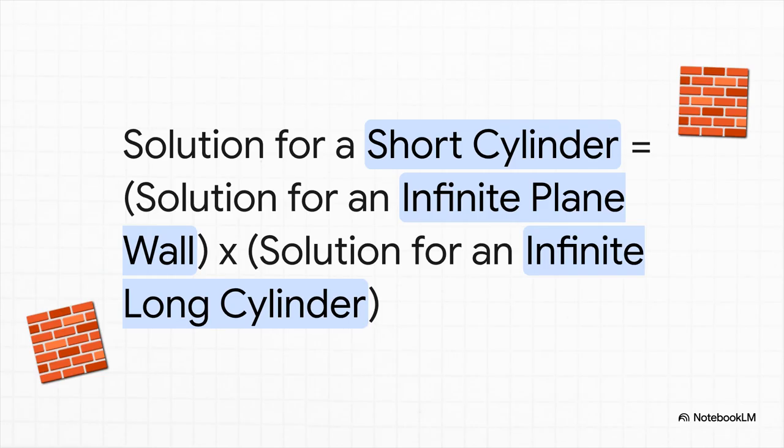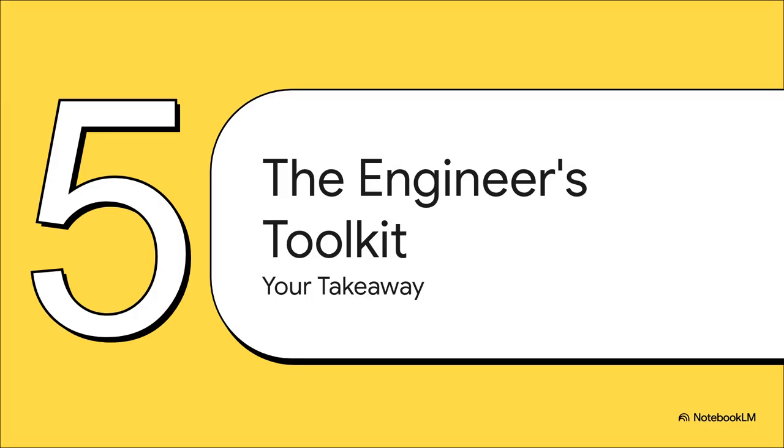So to find the temperature anywhere inside that can of soup, you just calculate the solution for the wall, calculate the solution for the long cylinder, and multiply them together. That's it. It's like you're building the answer out of thermal Lego blocks. You just snap the simple solutions together to build the complex one. It's brilliant.